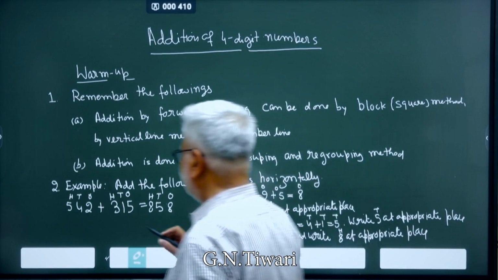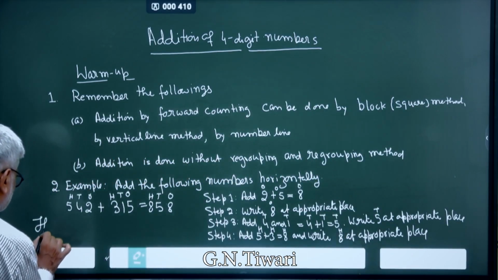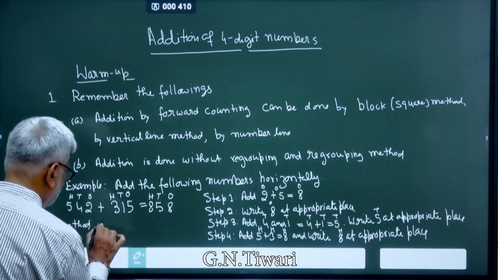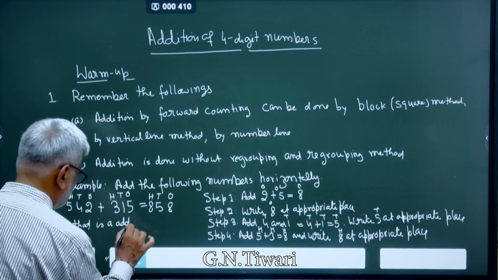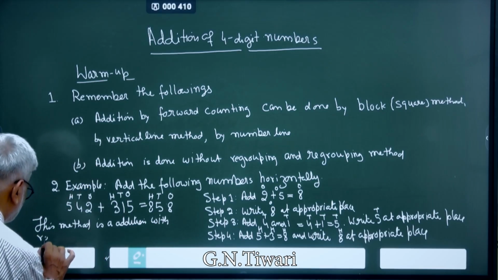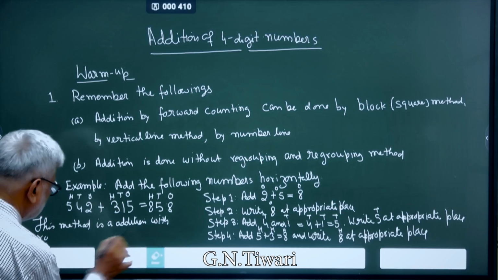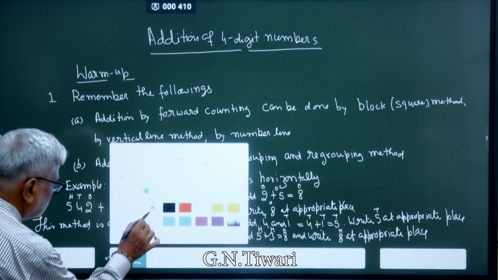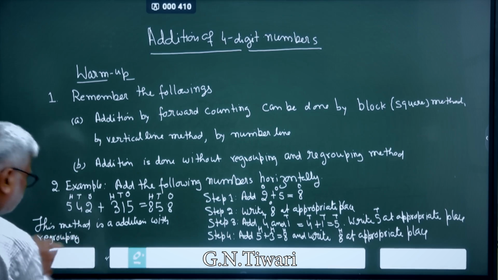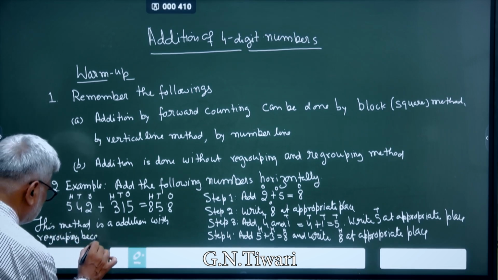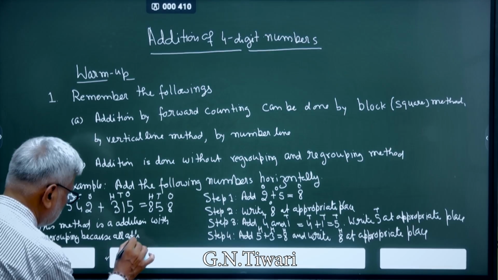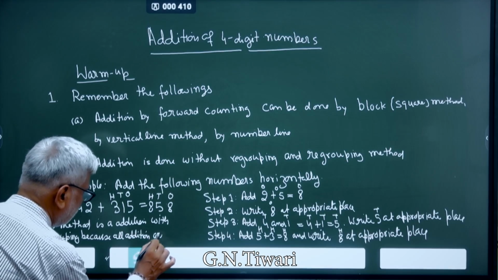So here you can write: this method is addition without regrouping, because all additions are independent.